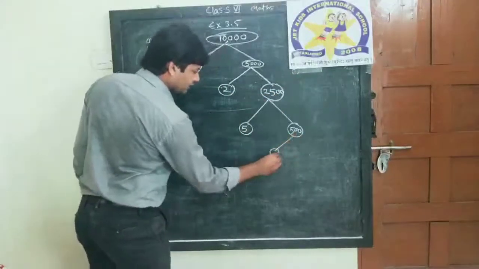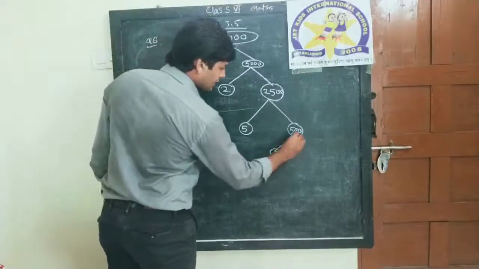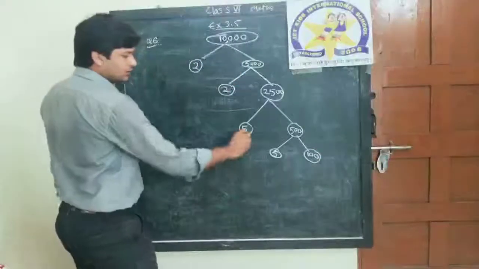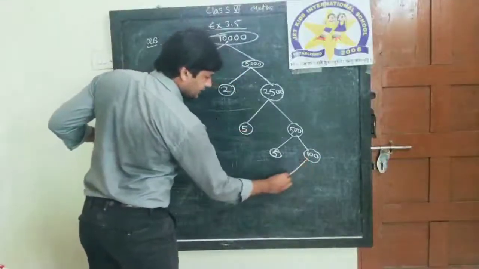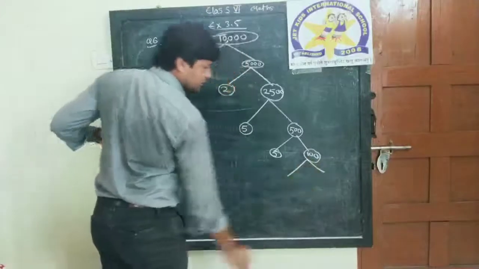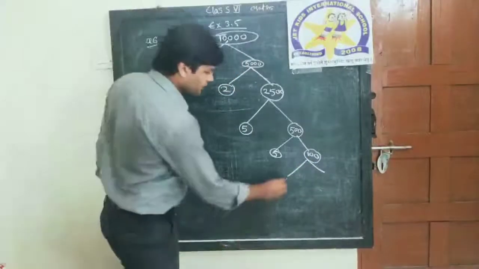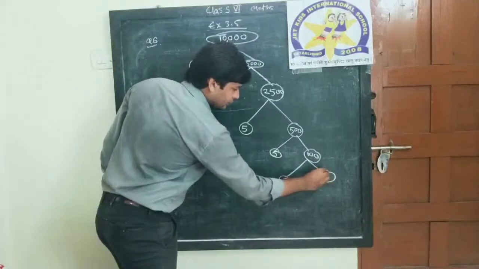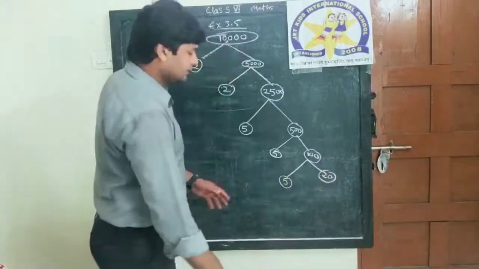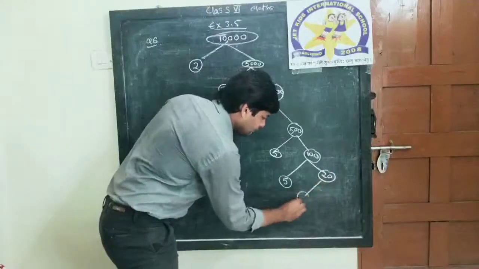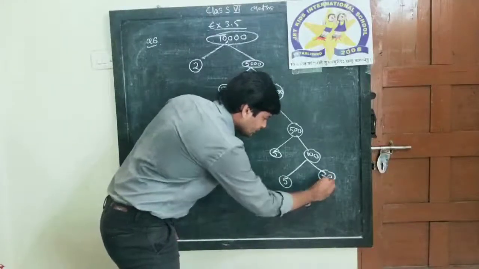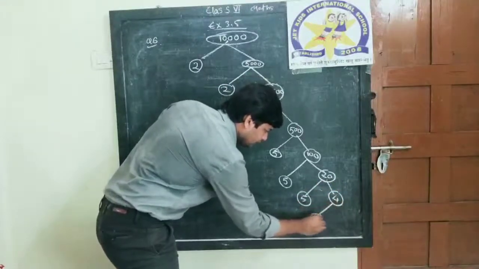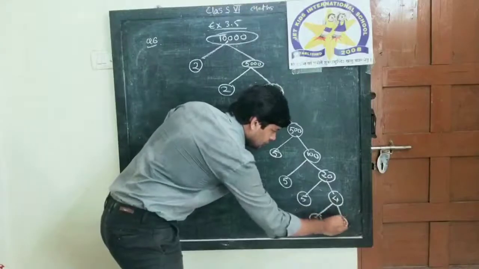So again I am taking 5 and 100. Now again 100: which prime? 5 multiplied by 20. Then 20 is 5 multiplied by 4, and 4 is 2 multiplied by 2.